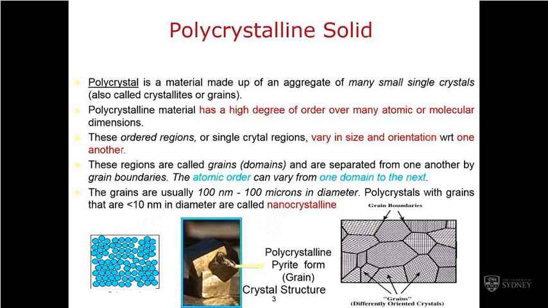The grains are typically 100 nanometers to 100 microns in diameter. And if they are very small regions of single crystal material, then those are called nanocrystalline. I think that's fairly straightforward, what a polycrystal is.